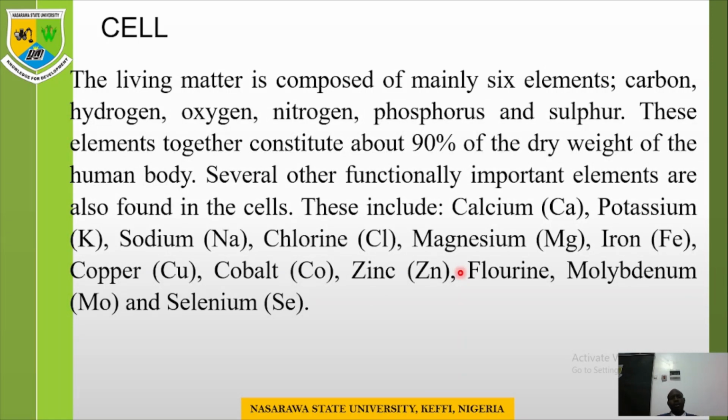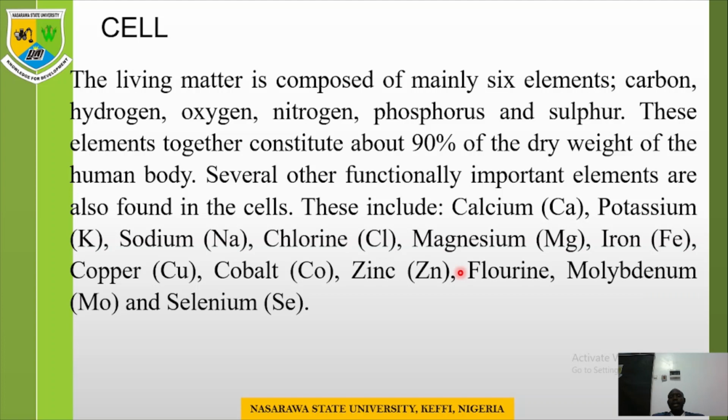Cell. When I mention cell, it's known to every one of us. We did cell when we were in secondary school. And so the living matter is composed of mainly 6 elements: carbon, oxygen, nitrogen, phosphorus, sulfur. These are the basic elements.